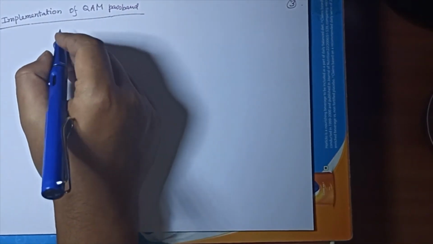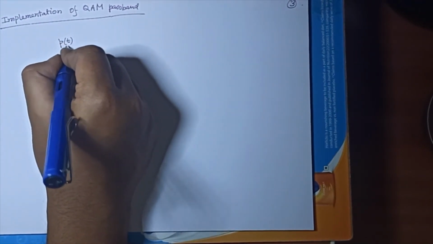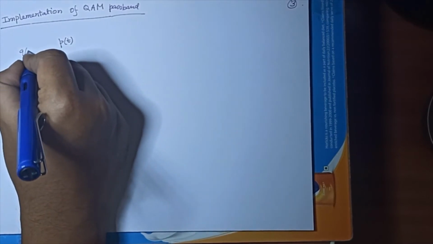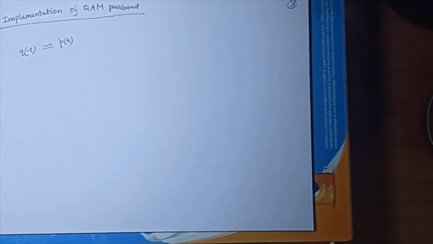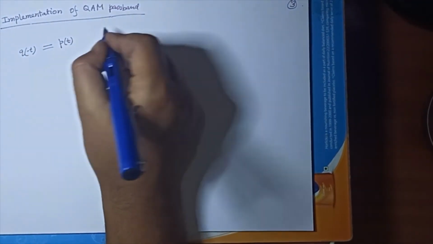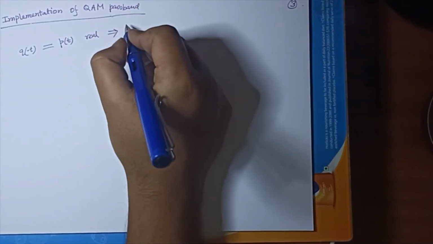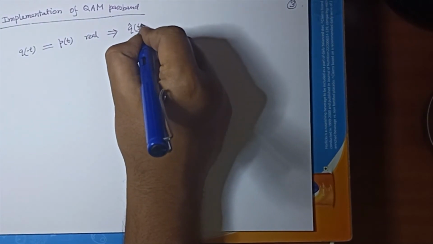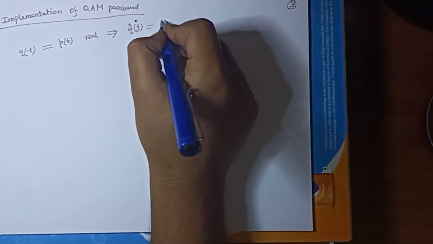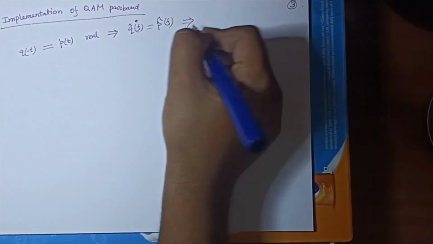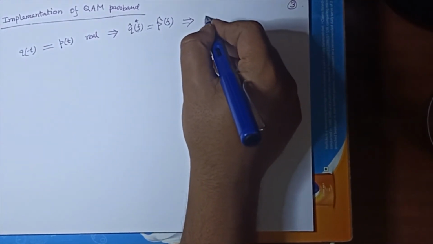So we choose some p(t) which is real, and that will generate p(t - kT) to be orthonormal as long as q(t) equals p(t). If this is true, both can be real, but this will ensure that Q̂(f) conjugate is equal to P̂(f). So this will be satisfied, and that will ensure your Nyquist criterion, isn't it?